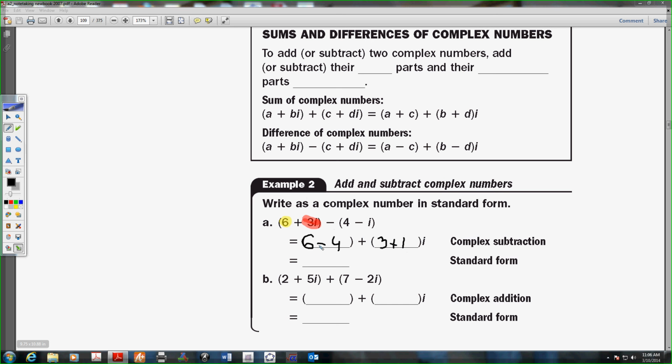So if I solve this, 6 minus 4 is 2. 3 plus 1 is 4. So I have here 2 plus 4i.